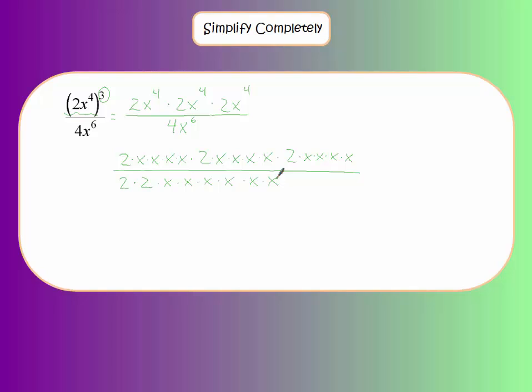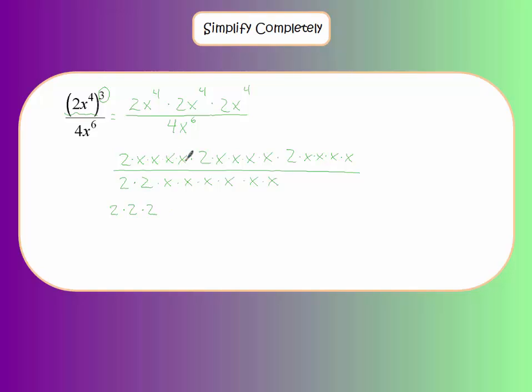All right, let's do the same thing we did in that last problem. Let's group things together in a way that we can create the number 1. So in other words, the same thing over the same thing will always be 1. Maybe by rewriting the top, the numerator, as 2 times 2 times 2. Let's group it all together like that. All of the 2's together, and then all of the x's.